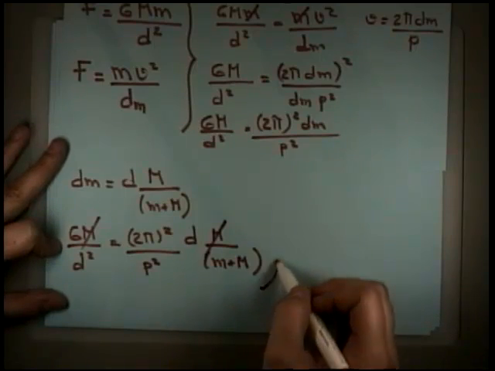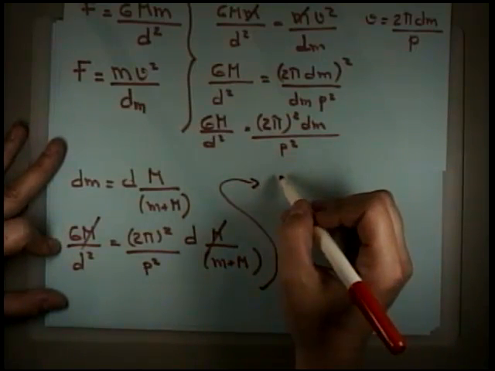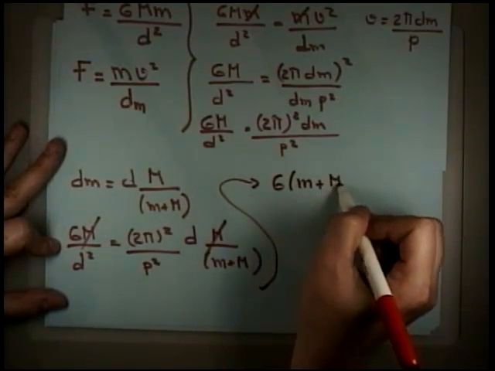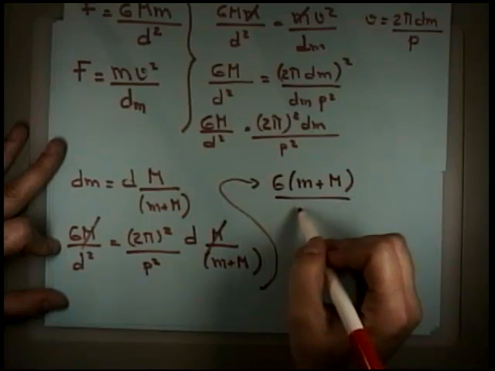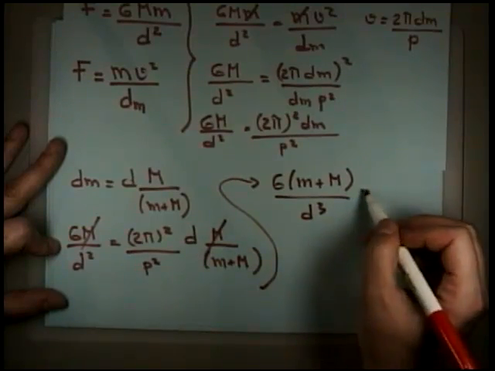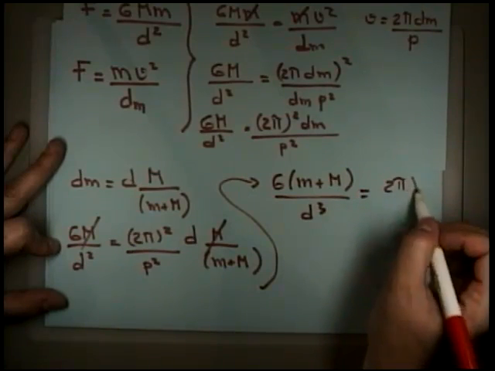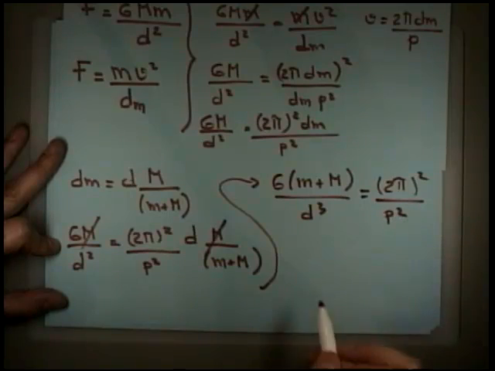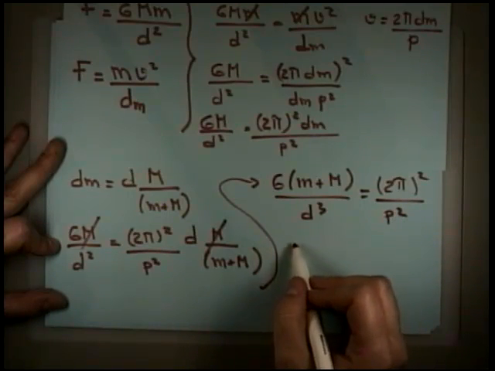And look, you suddenly got Newton's version of Kepler's third law. G that multiplies little m plus big M over d cubed, because this one went there, equals 2 pi squared over p squared. Cross multiply, and you have what you really want.